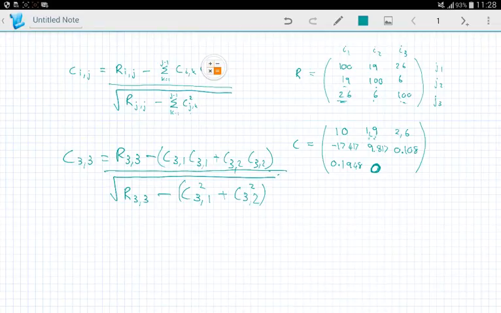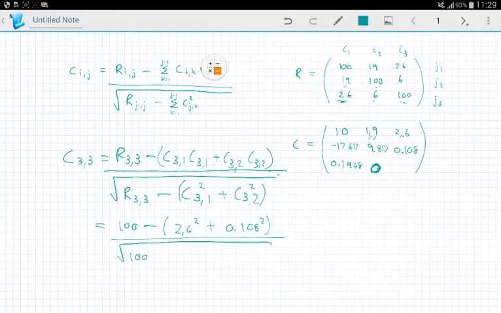Okay, let's put these values in. We know R33 is equal to 100. C31 is 2.6 squared plus C32, 0.108 squared. So we should be getting a positive number here.